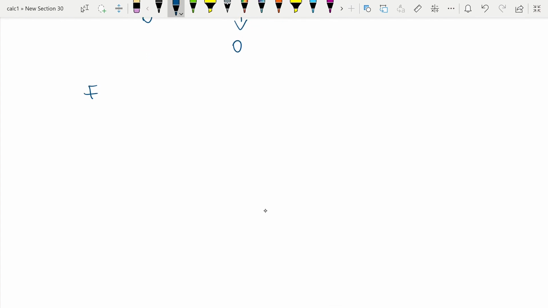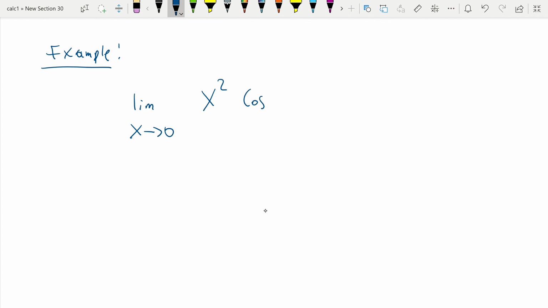And one final example. Again, x goes to 0, and we have x squared times cosine of 1 over sine of x.